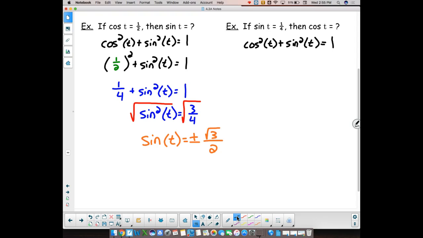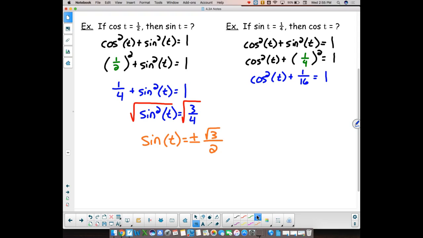Agree so far? Hammer time. All right. So cosine squared plus 1/4 squared is equal to 1. So that's cosine squared of t plus 1/16 equals 1.